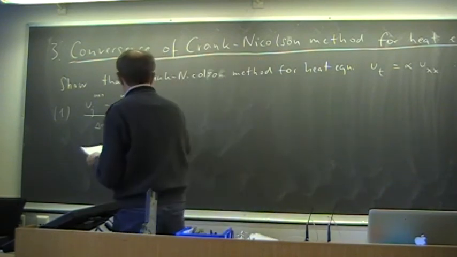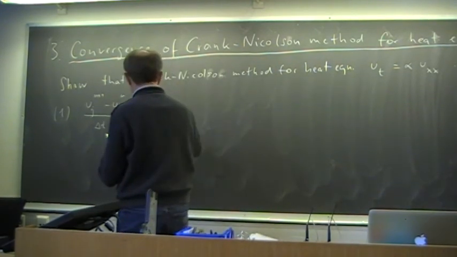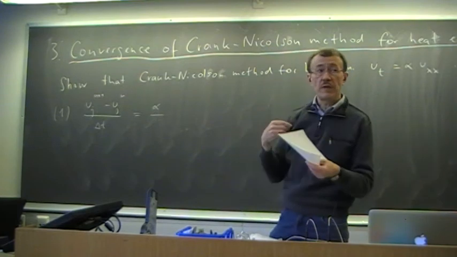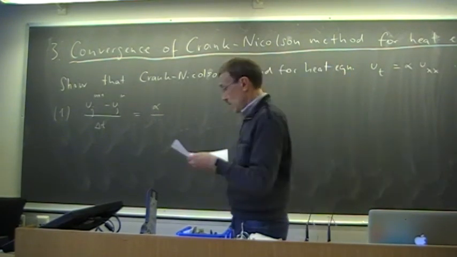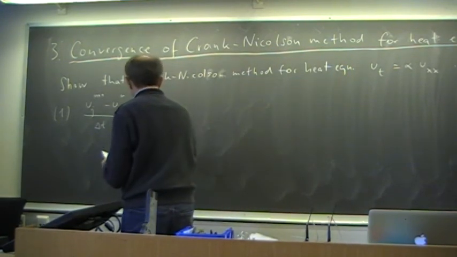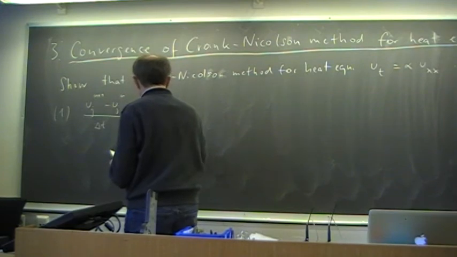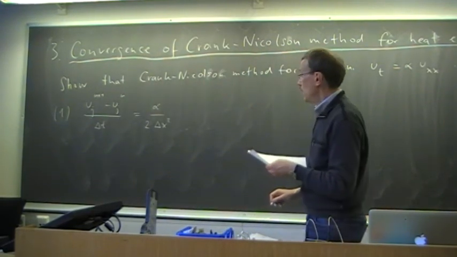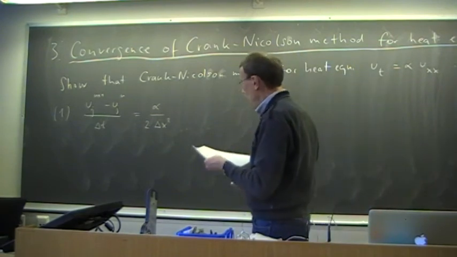And then the trick with the Crank-Nicolson is that we essentially have an average of explicit and implicit Euler. So we take the factor 2, that is doing the averaging, here in the denominator, together with the delta x squared.